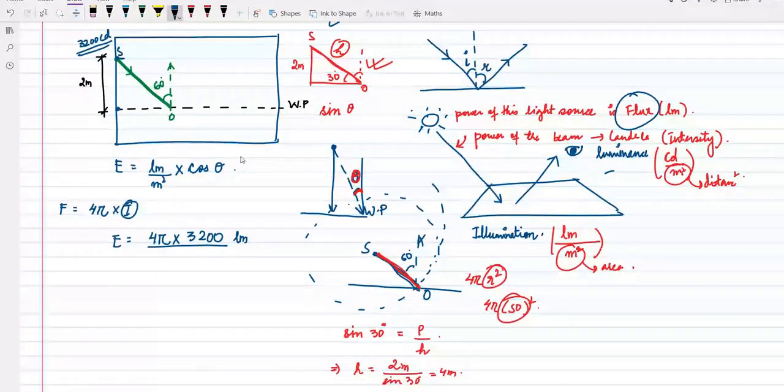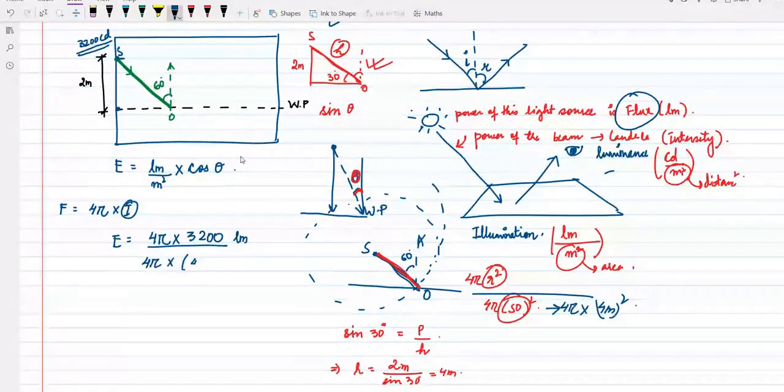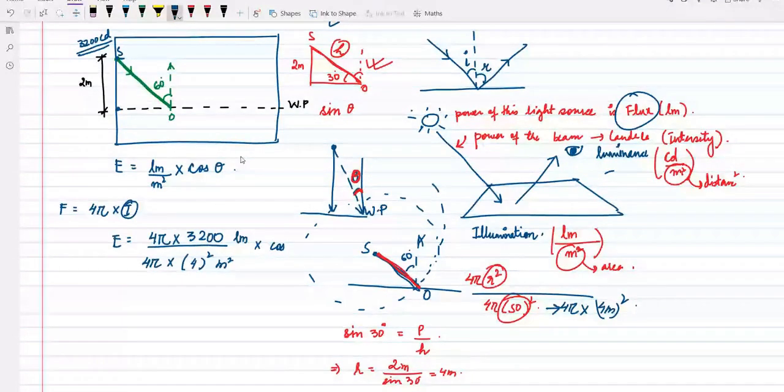So what would be the area? Here, 4 pi SO square is 4 pi into 4 square, meter square. This is done. Now we'll need cos of theta. What would be the theta? The angle with respect to the normal, which is 60 degrees.